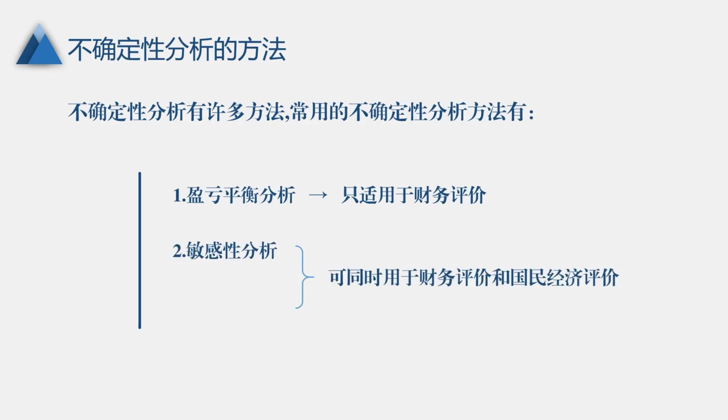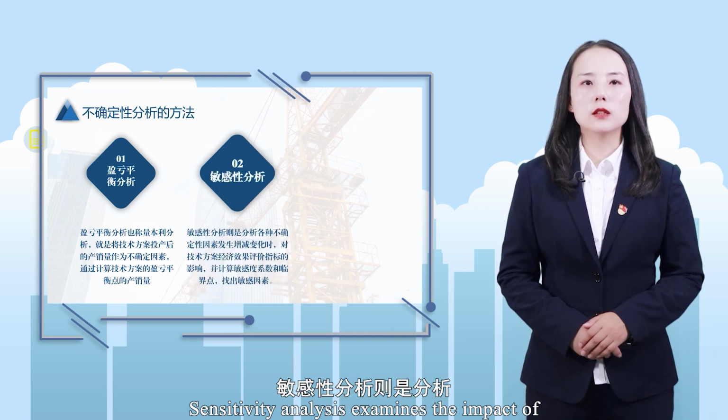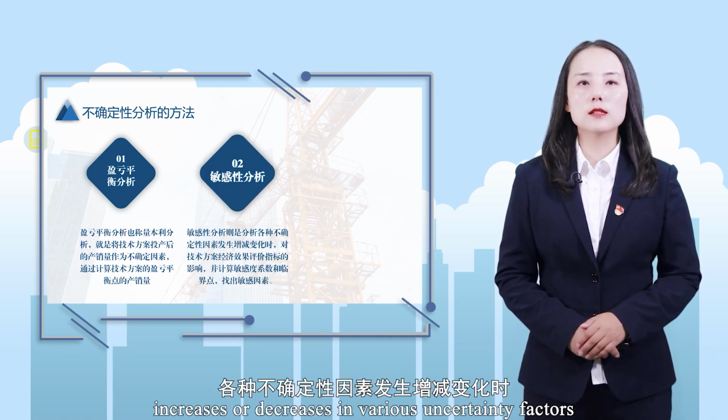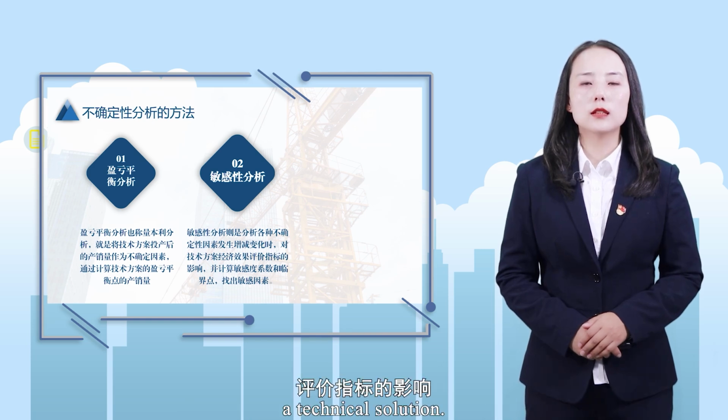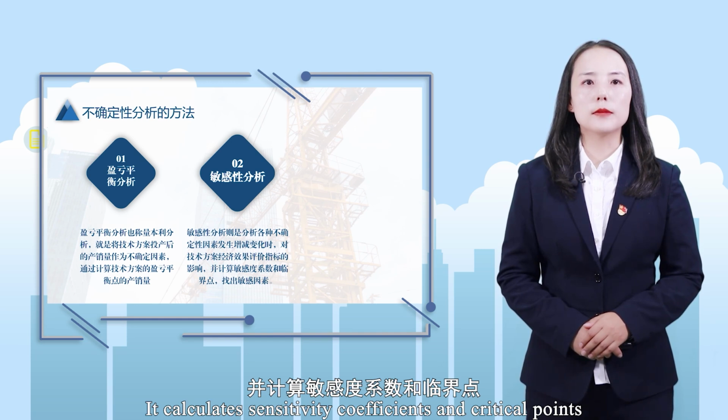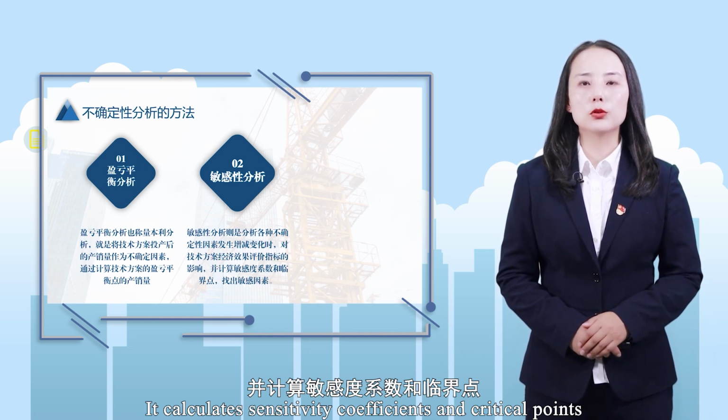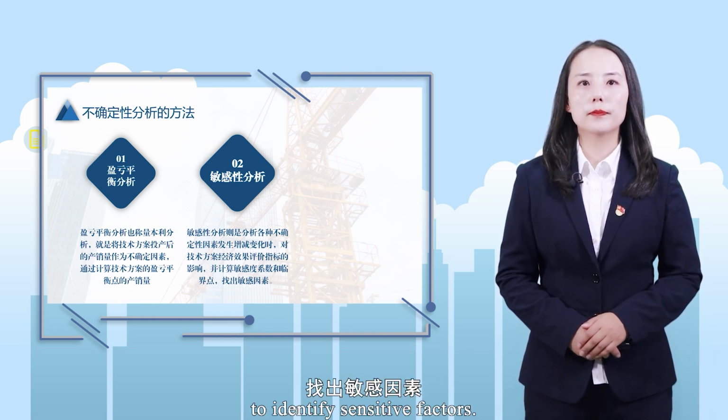Sensitivity analysis. Sensitivity analysis examines the impact of increases or decreases in various uncertainty factors on the economic performance evaluation indicators of a technical solution. It calculates sensitivity coefficients and critical points to identify sensitive factors.